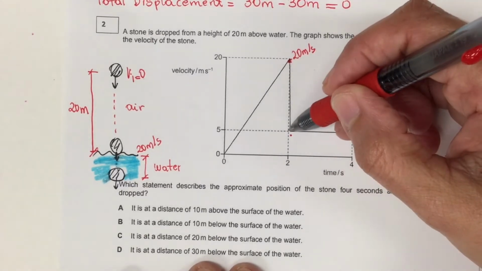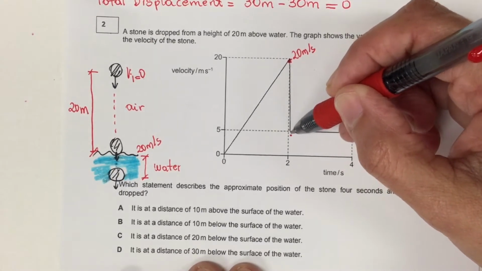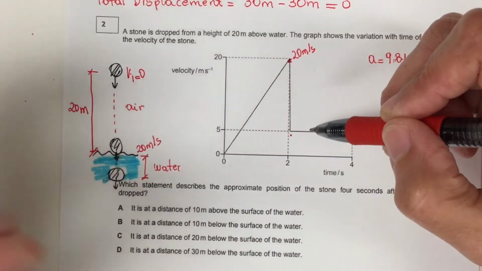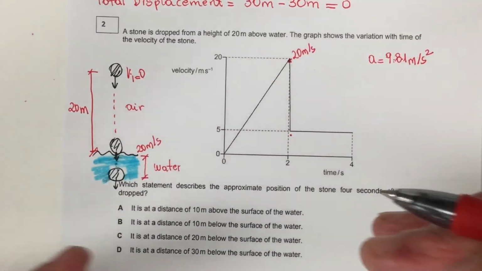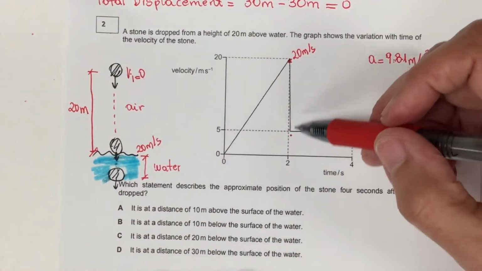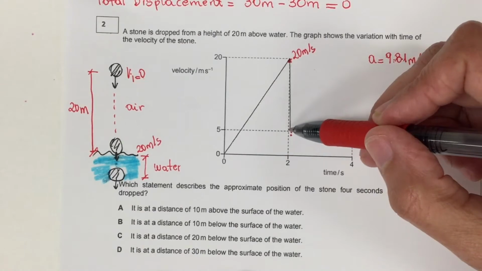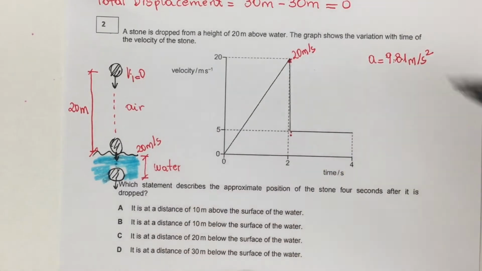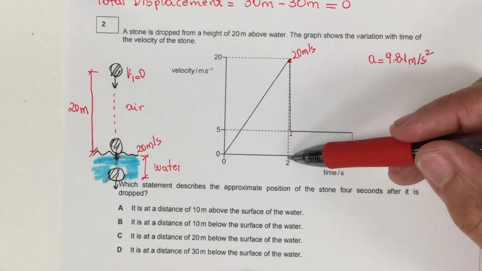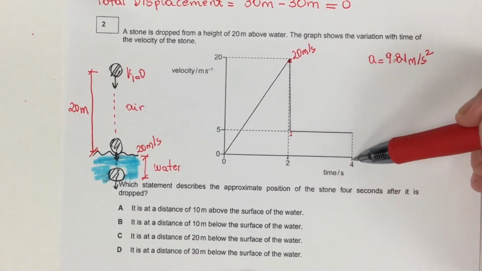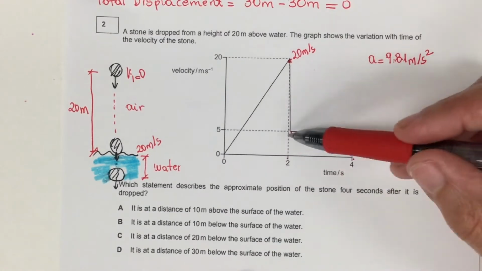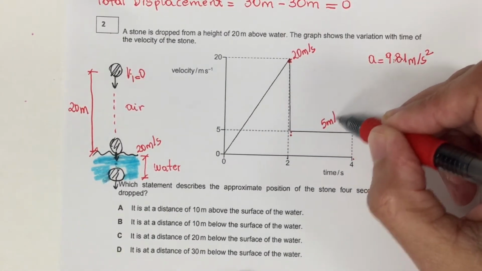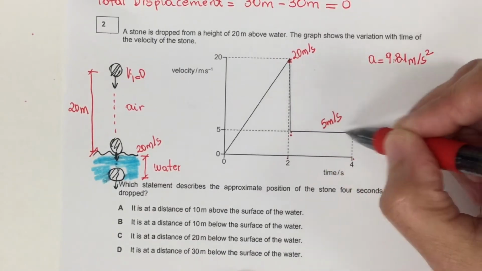You see there is a gap here, just to indicate that this shift happened in a few microseconds. Then it keeps falling in the water from 2 seconds to 4 seconds at a constant speed of 5 meters per second, right here.